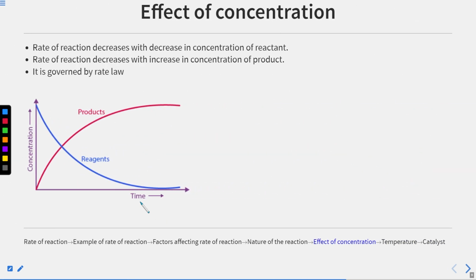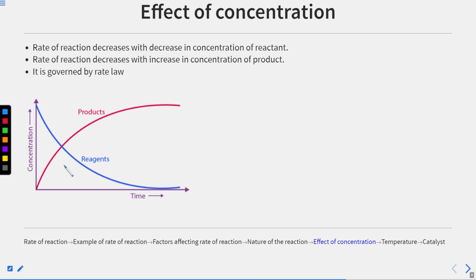Now the next effective factor is concentration. What is the effect of concentration on the rate of reaction? Here I have put up a graph, and this graph is very important. If you see here, as the reactant concentration is decreasing and the product concentration is increasing, the slope of both graphs is decreasing, and this slope is what decides the rate of reaction.